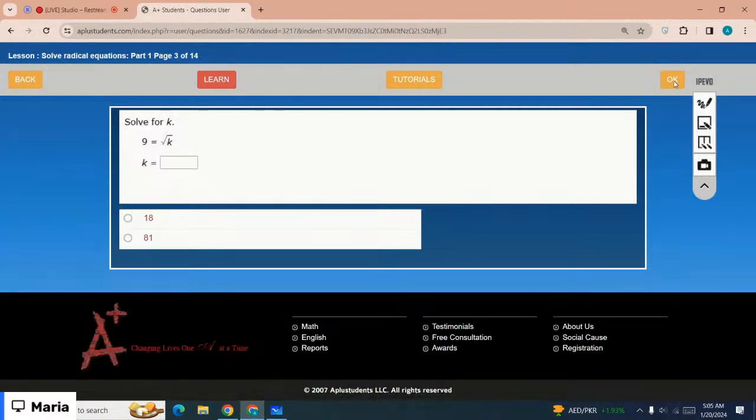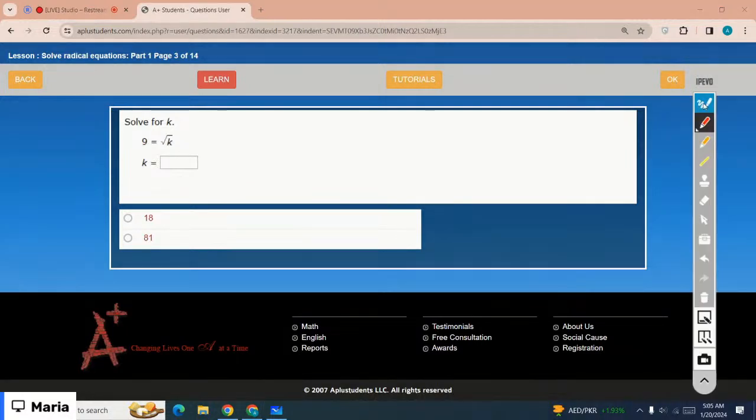Okay, solve for k. 9 equals square root k, right? You need to calculate the value of k only. So just square both sides.